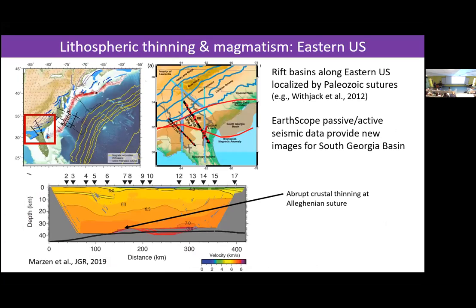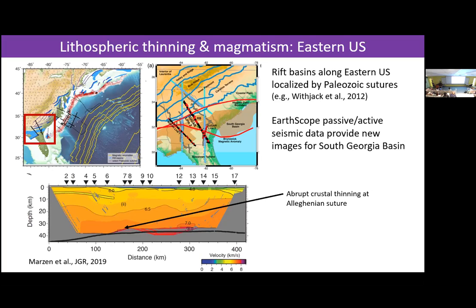So, firstly, the purple lines here are showing us old Paleozoic sutures. We see that these early stages of extension really utilized those old Paleozoic sutures. So the bottom panel, this is work by Rachel Marzin, is showing crustal velocity structure across one of the largest of these rift basins, the South Georgia Rift.